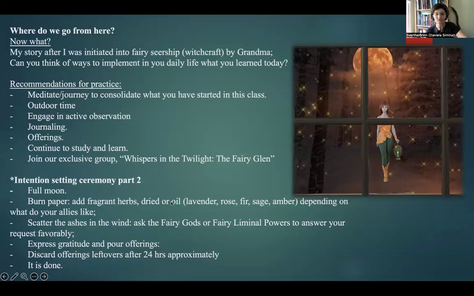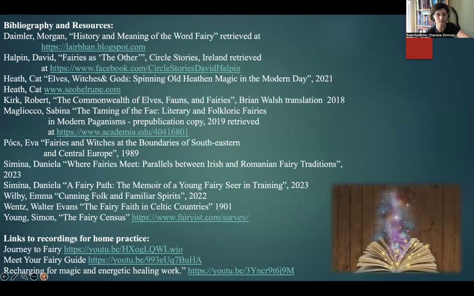You can do this right now at the end of this class if it happens to be a full moon. If not, wait until the next full moon. This is how you're going to finalize your intention setting process.